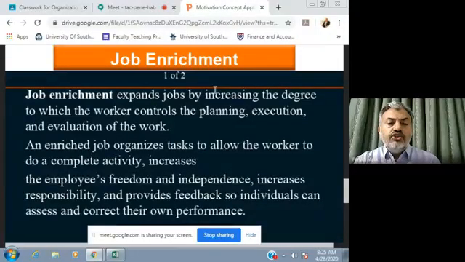Job enrichment expands jobs by increasing the degree to which the worker controls the planning, execution, and evaluation of the work. So it all depends on how much control the person has on planning the execution of that work and evaluation of the work.